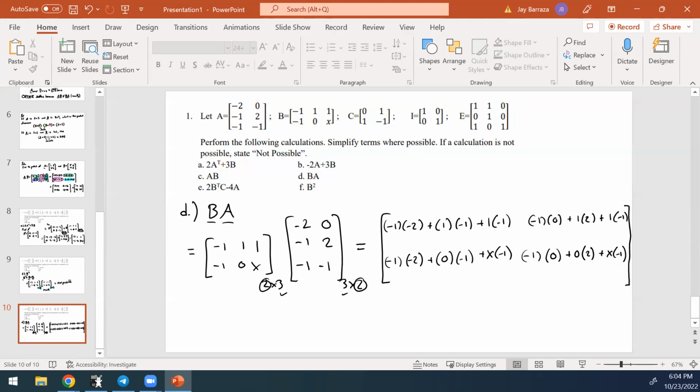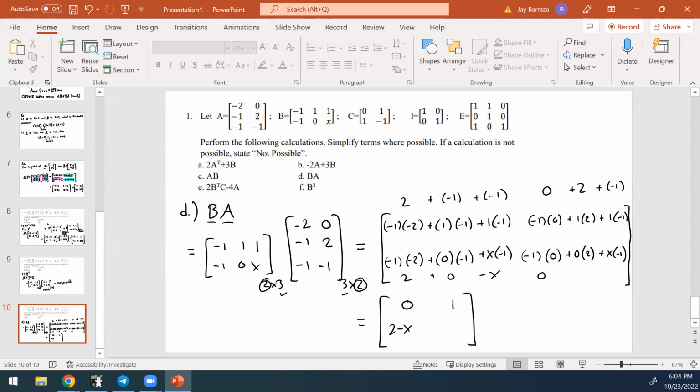Any other questions? So then you have to do all this math. It's going to be 2 plus -1 plus -1, which is 0. This is going to be 0 plus 2 plus -1, so 1. Then 2 plus 0 minus x, so 2 minus x.